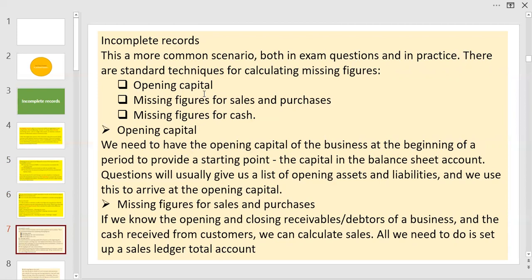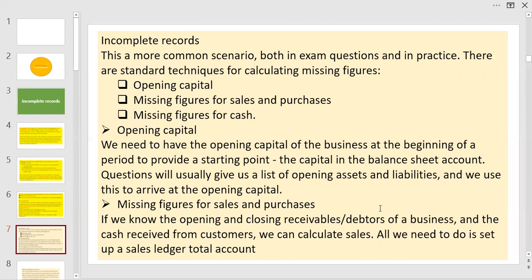If opening capital is not given, by adding all the assets and deducting all liabilities from that, the balance sheet figure will be the opening capital. In the case of purchases and sales, there are 4 elements if you look closely in each of these accounts: opening balance plus activity equals closing balance plus settlement.